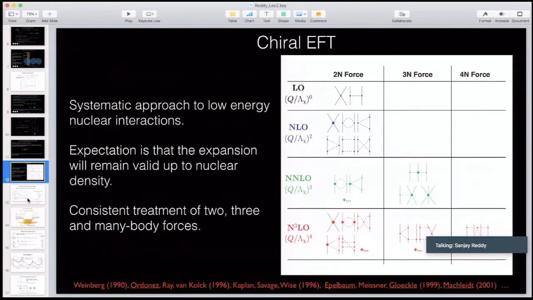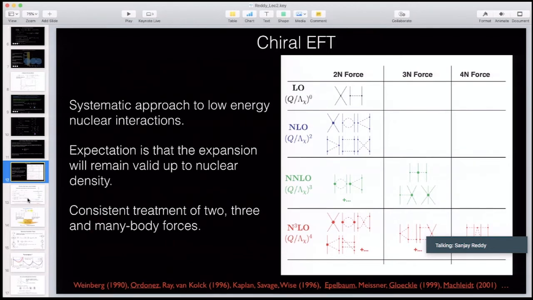So this general idea of low energy interactions has been used to describe nuclear physics. We know that at long distances, the forces have to be induced by pions, and at short distances, they have to be induced by contact interactions. So if I organize the operators that appear in the Hamiltonian in powers of the momentum Q divided by the scale lambda, in chiral effective field theory the breakdown scale of this effective theory is called lambda chi.